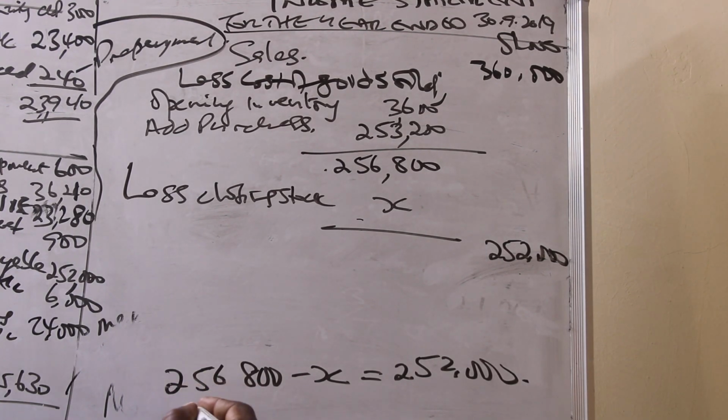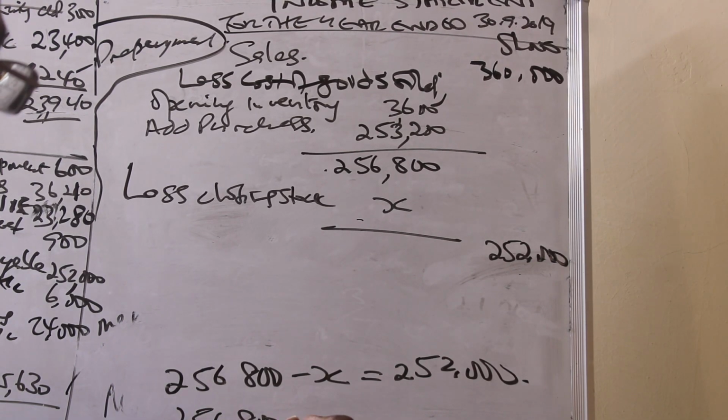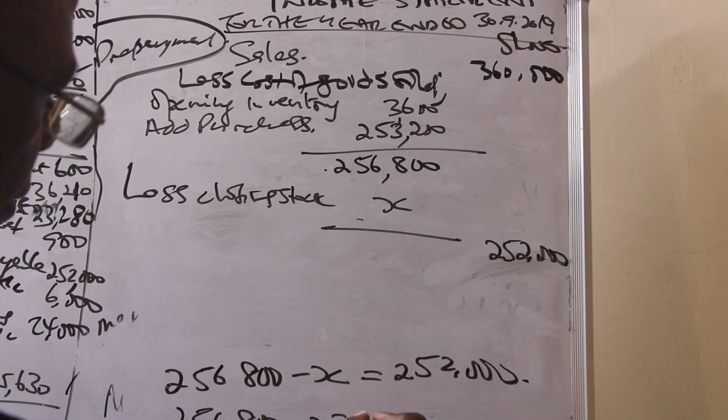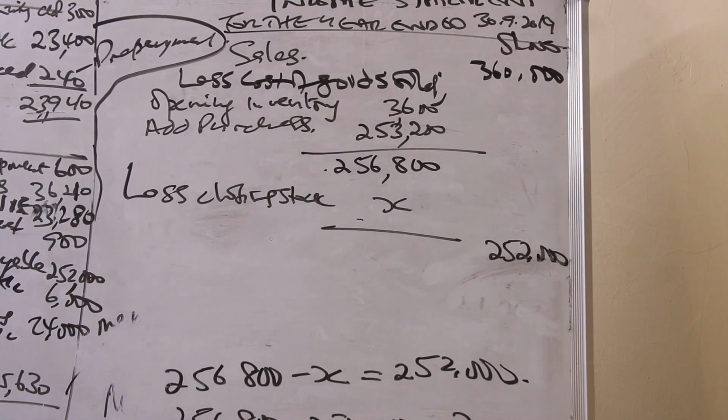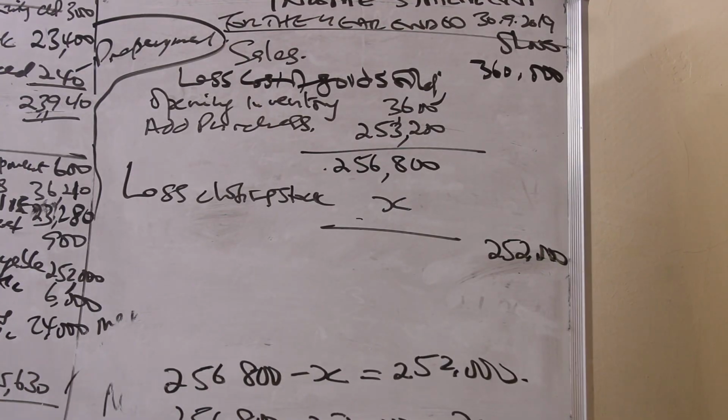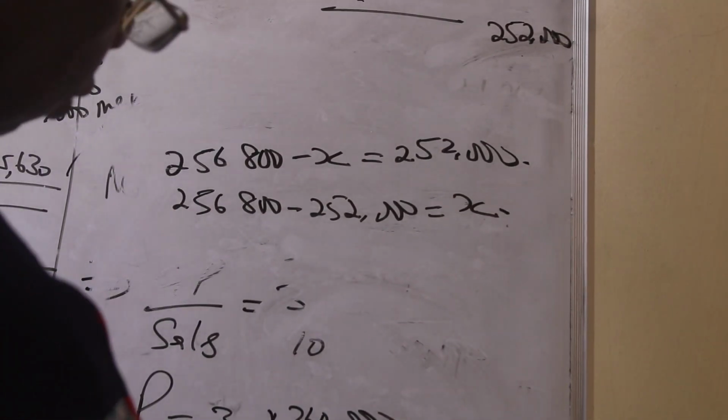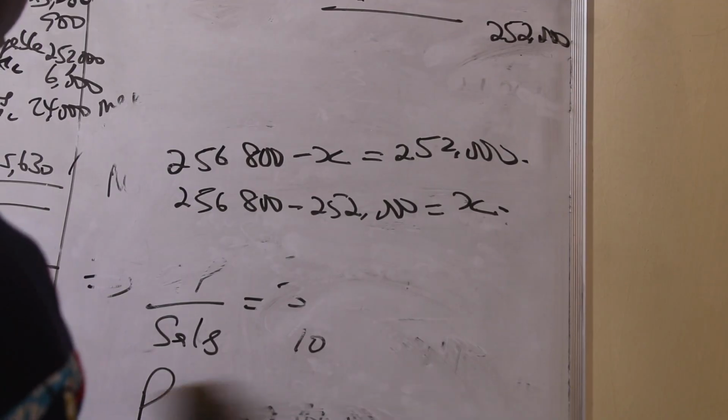If we add X to both sides, we say 256,800 minus 252,000 gives us X, our closing stock. And that's where the biggest trap was.